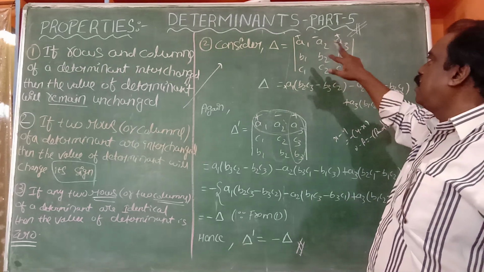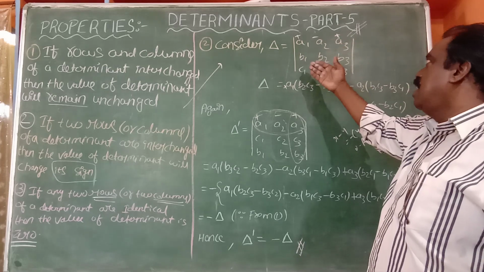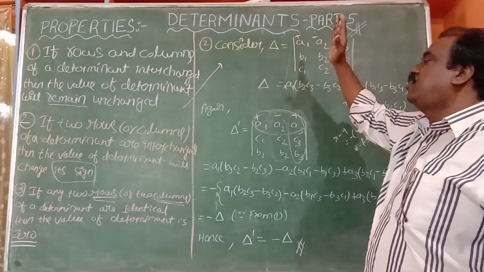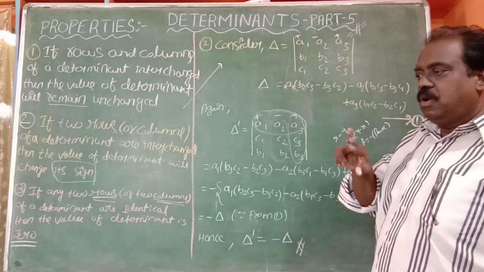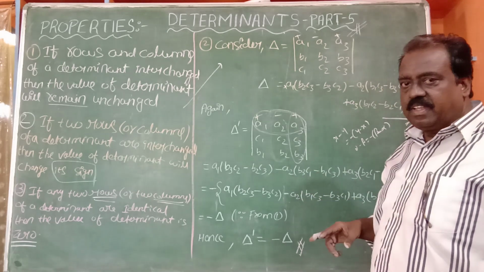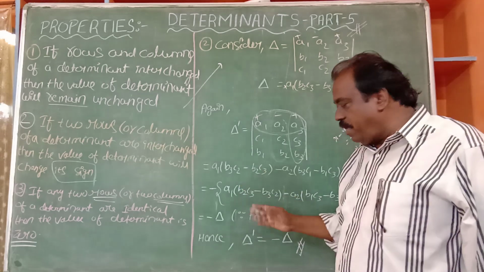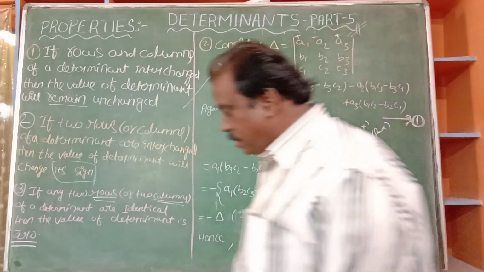If 2 rows or 2 columns are changed, whether 1 and 3, or 1 and 2, or 2 and 3, or C1 C2, or C2 C3, or C1 C3, whatever it may be, then we get only the difference in sign. Plus means minus, minus means plus. Is it clear?